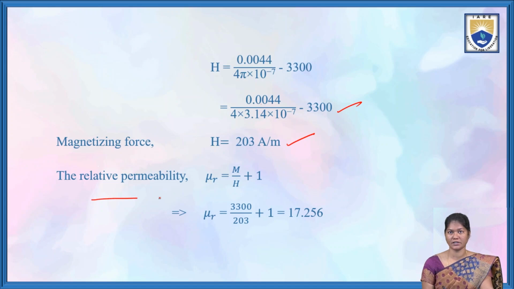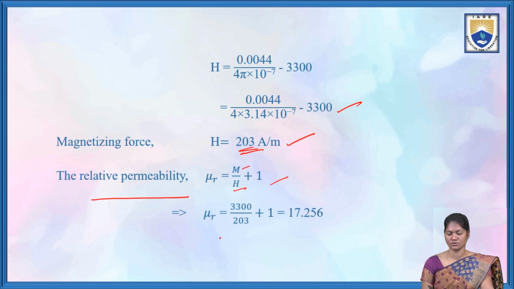Now we need to calculate the relative permeability. Mu r is equal to M by H plus 1. So mu r is equal to M, which is 3300, divided by H, which is 203, which we recently calculated, plus 1.